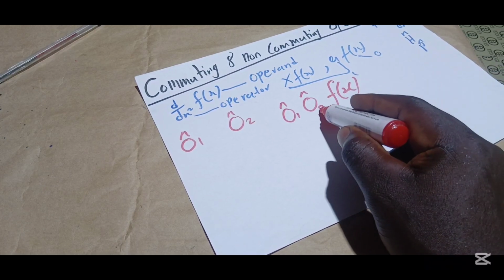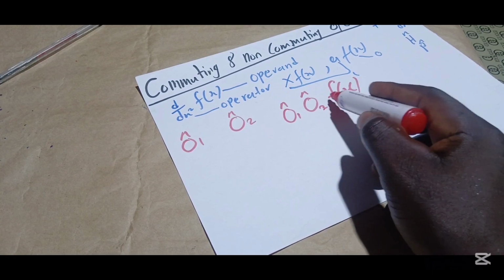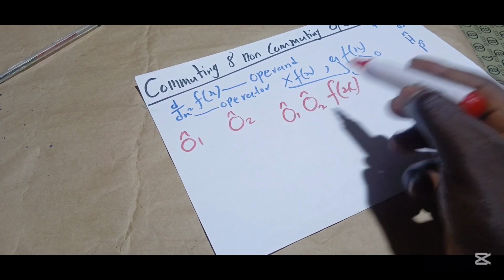So in this case, this will operate on this, and the result will be operated on by this, right?